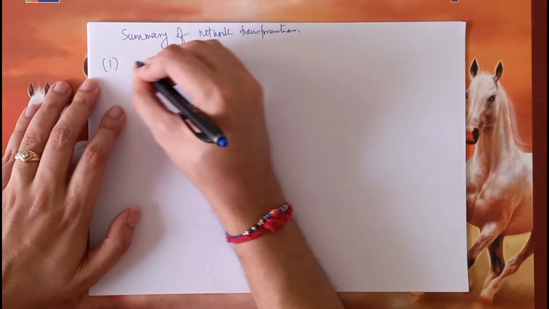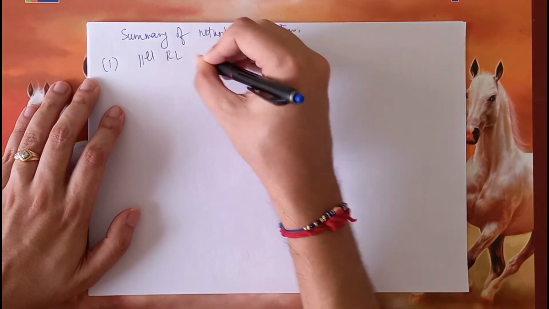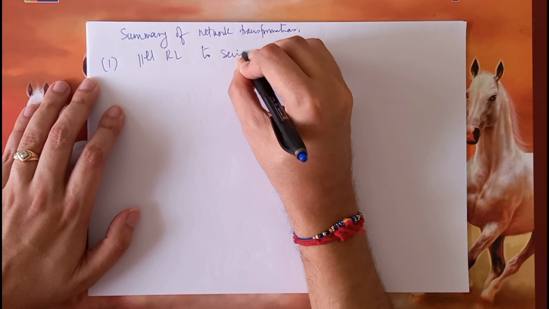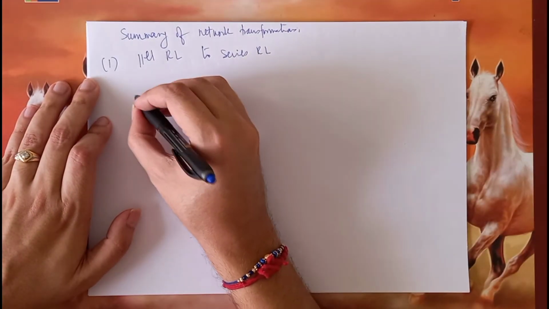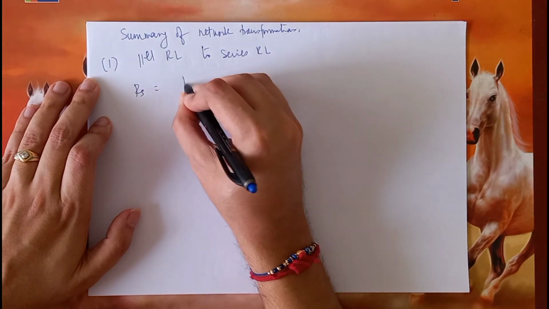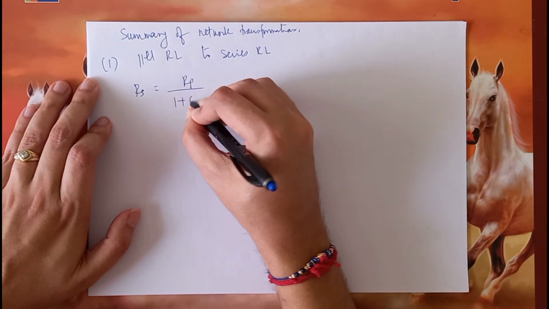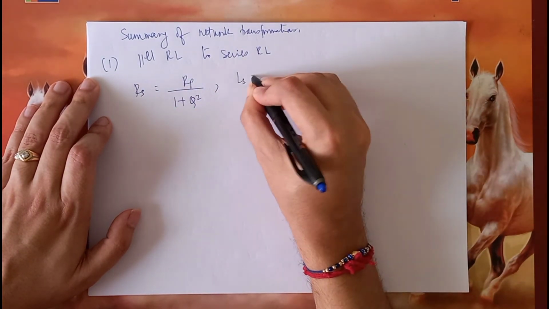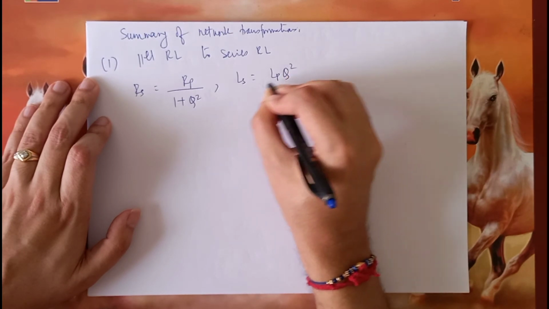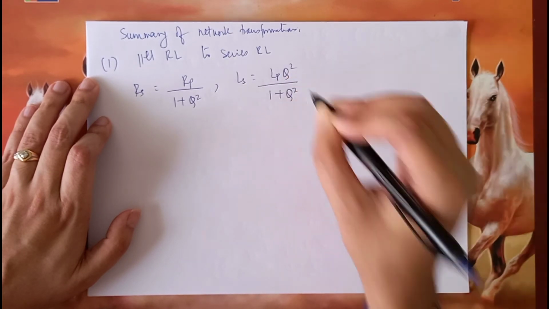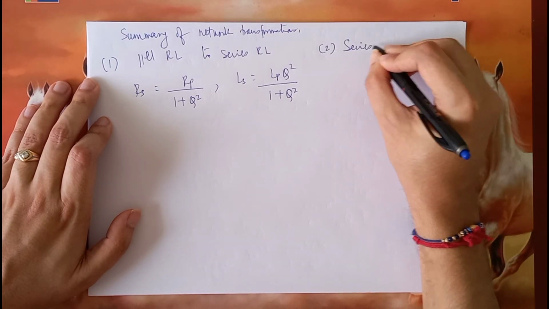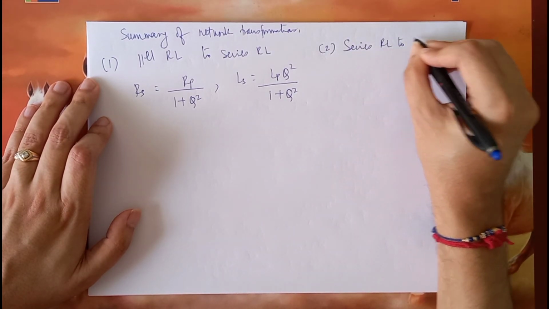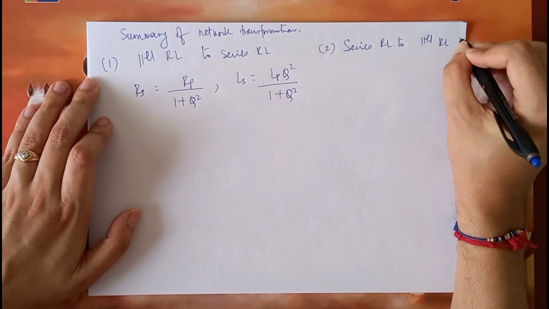So, first is parallel RL to series RL. So, that we saw is Rs equals Rp divided by 1 plus Q square, and Ls equals Lp Q square divided by 1 plus Q square. Second is the opposite, series RL to parallel RL.